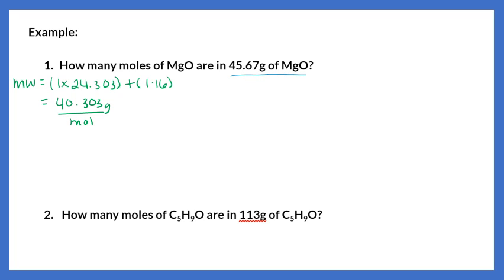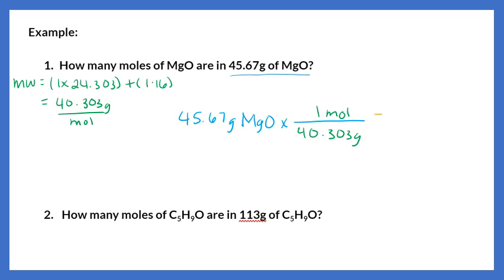So now we're going to start with what we're given. We're given number of grams. So we have 45.67 grams of MgO, and we're going to divide by our molecular weight, which is 40.303 grams of MgO per 1 mole.